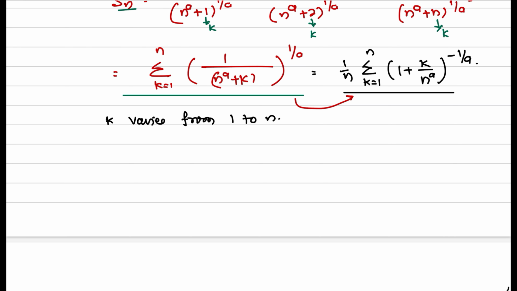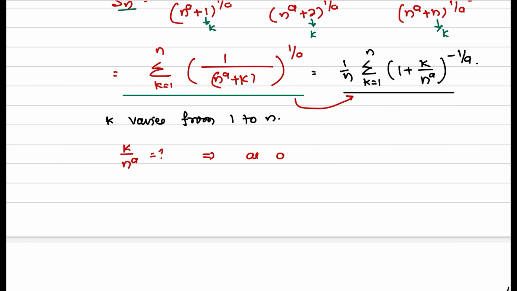Here, when a is equal to 1, the crucial value is k by n. When a is not equal to 1, the crucial value is k by n to the power of a. What is its behavior? That is more important.